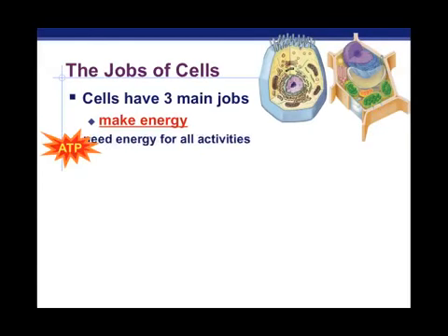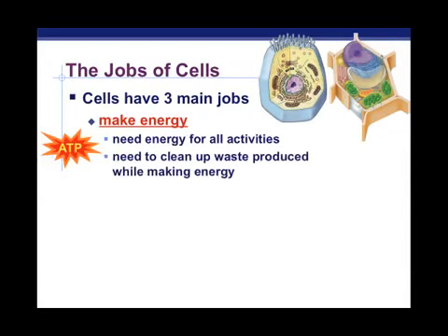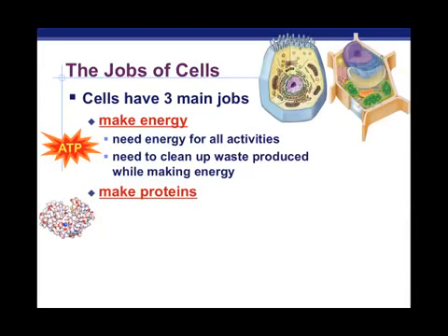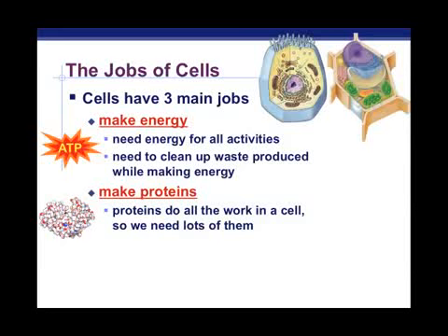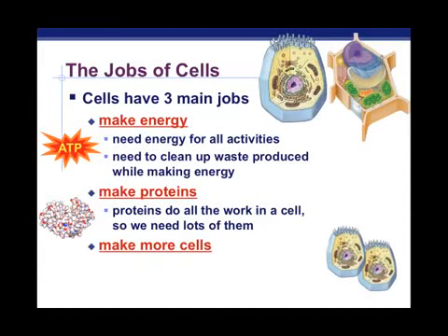Make energy, make proteins, which are hormones, enzymes. They all work together in a cell in order to survive. And then cells have to make more cells. As they get old, they need to be replaced.